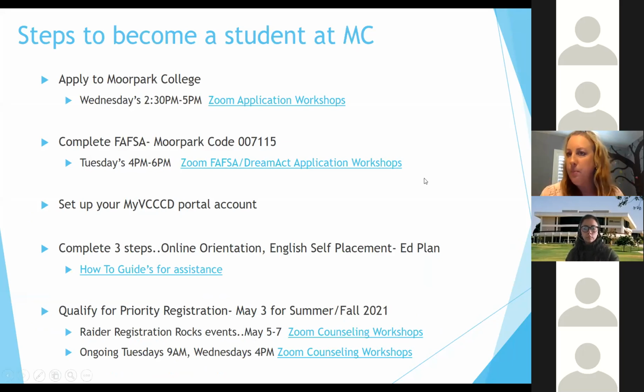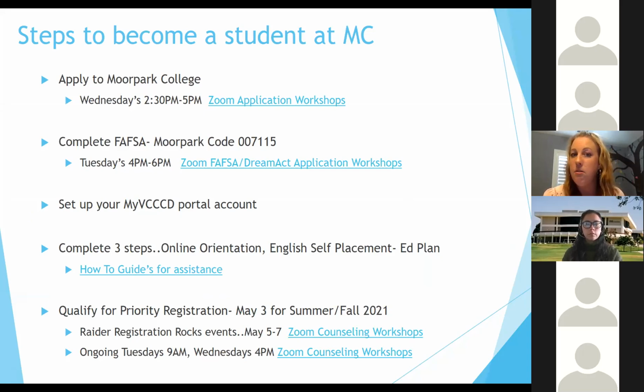Again, this is going to be a similar process in terms of coming from a community college. So for example, for Moorpark, we make it pretty seamless and supportive for students to go through the steps. We have Zoom workshops to help students do our application every week. If you need help doing that FAFSA, we have Zoom sessions weekly to help with that. There are 3 steps students have to take to get priority registration, which again for us is May 3rd.